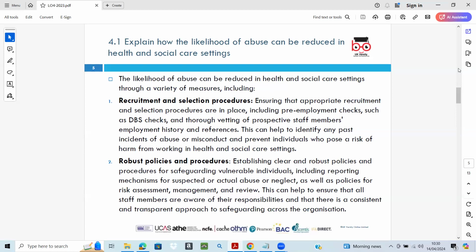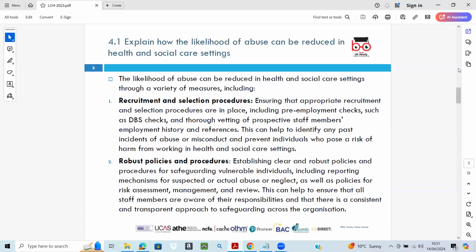Regular audits also reinforce accountability within the organization, and it is important because accountability ensures that everyone is aware that their actions are monitored and that they will be held responsible for their conduct. So, this can deter potential misconduct and encourage adherence to established guidelines.